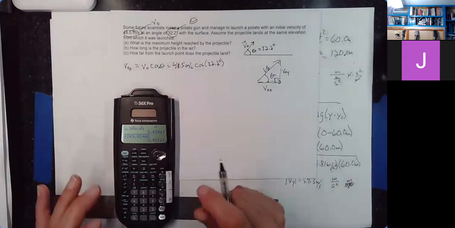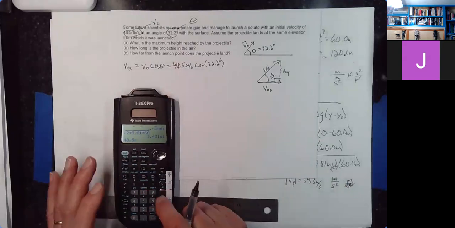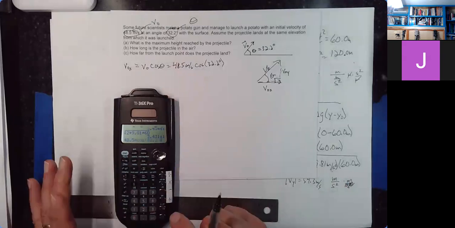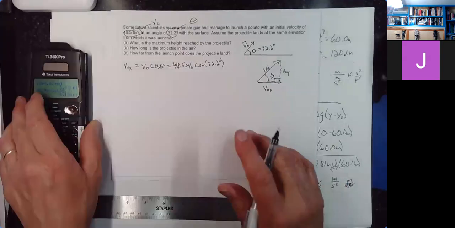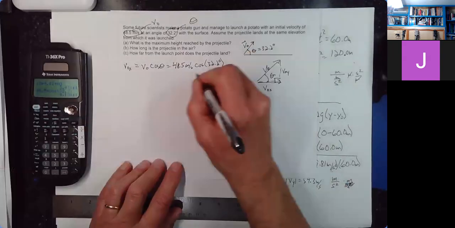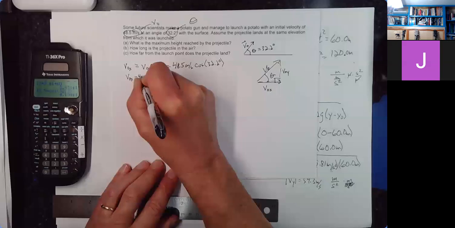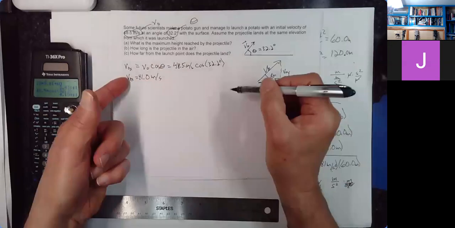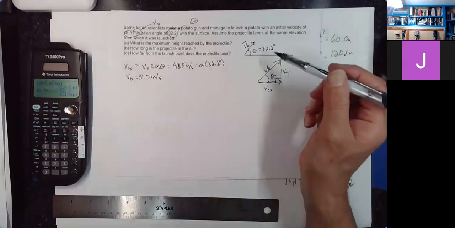So 48.5 times cosine of 32.2, and I get 41.0 meters per second.